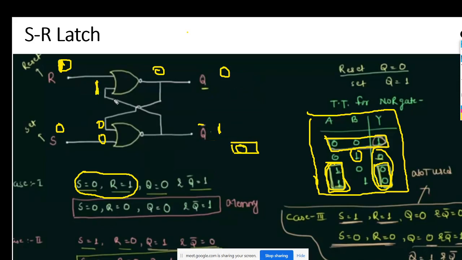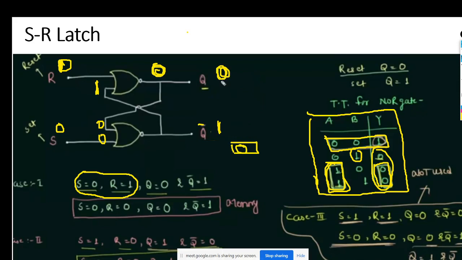So when at least one input is 1, we know that the output is 0. So therefore this output is 0, which means Q is 0. And also when both inputs are 0, the output is 1, and this is 1. Now you can see previously also Q was 0.